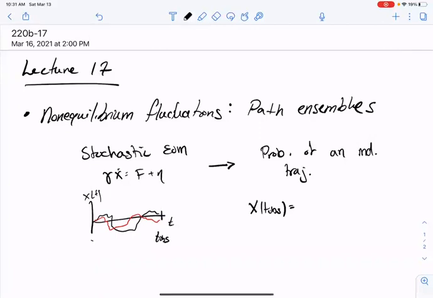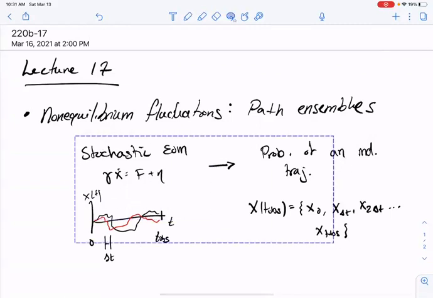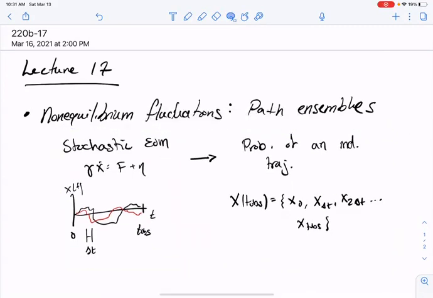If T obs represents the length of that trajectory in time, that object is a set of positions for all times up to T obs in some discretization delta T. So because we're starting with an underlying stochastic equation of motion, there is some finite probability for every trajectory to go through the system.